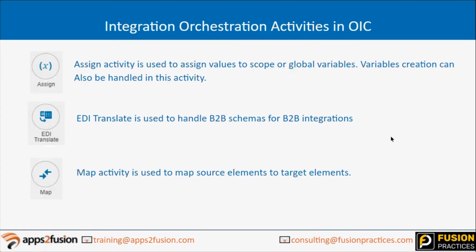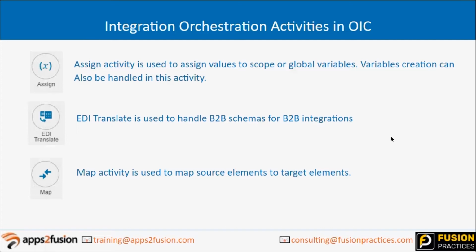Now map is very important, but this is used to map the elements from one source to a target. But you can even have multiple sources. You can have multiple sources and then have just one target and map them. That's not a problem. But target will always be just one target. Sources could be multiple, but target is just one target.